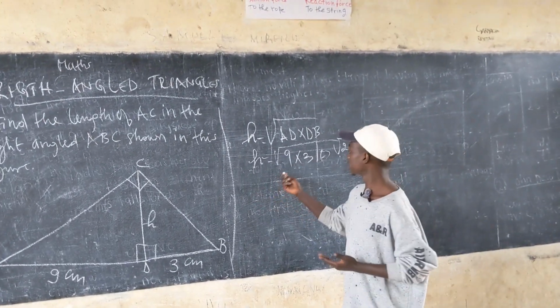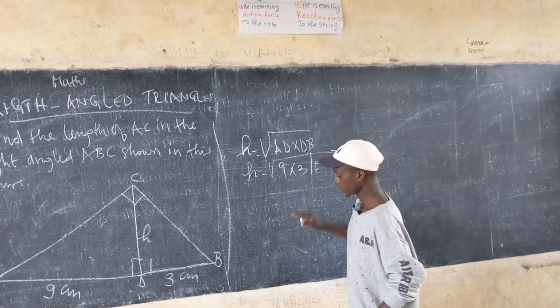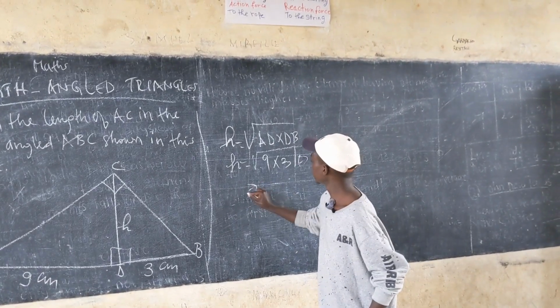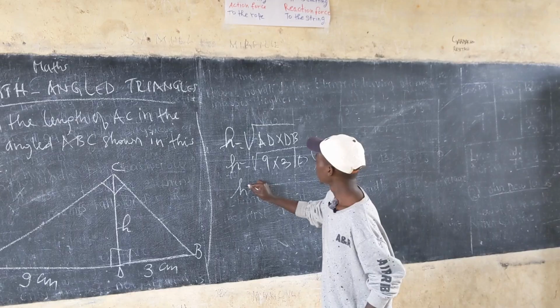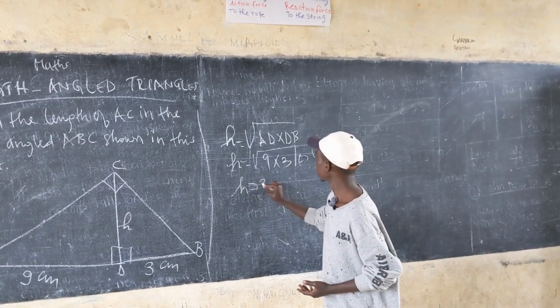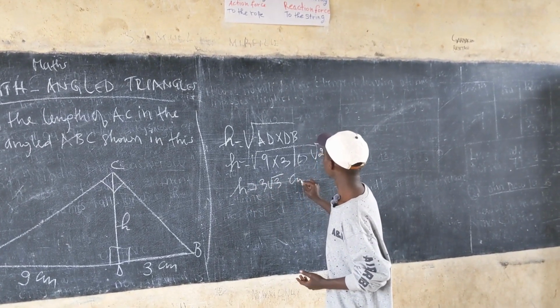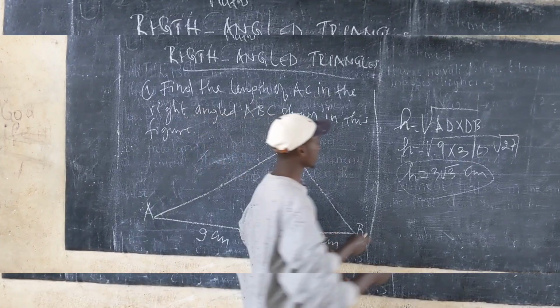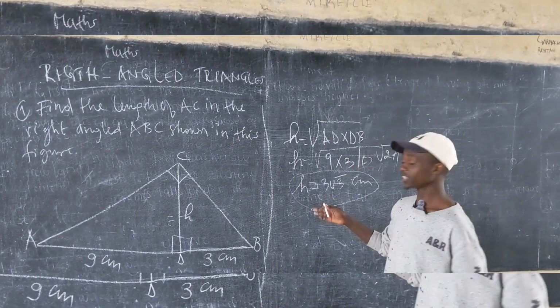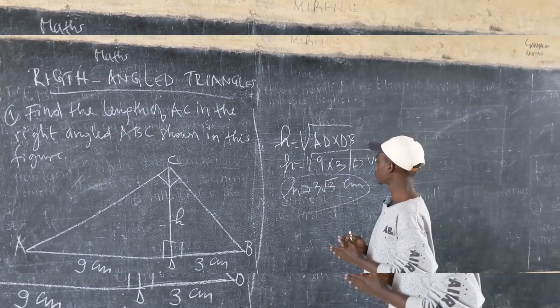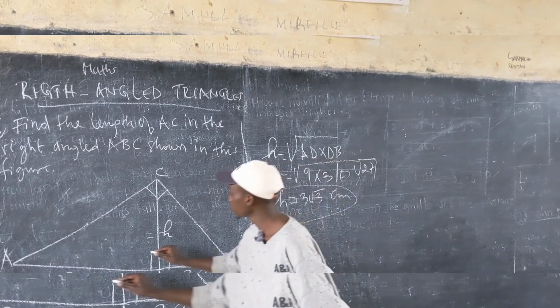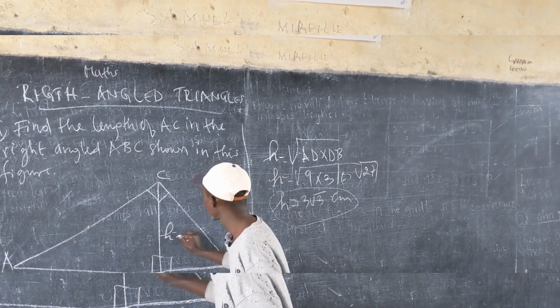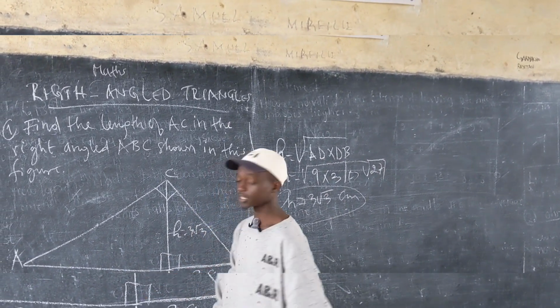We can consider that 9 has the square root of 3. So H is equal to 3 square root of 3 centimeters.